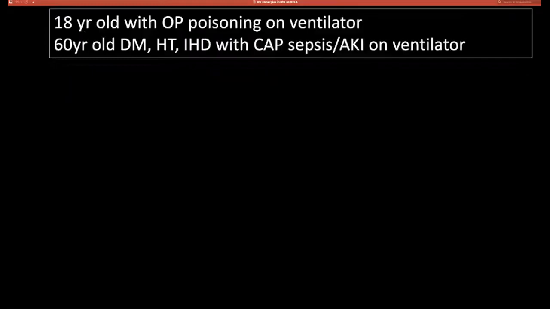See, another point to understand ventilating strategies is, look here, two patients we have. An 18-year-old, OP poisoning, on ventilator, and a 60-year-old, diabetic, hypertensive, IHD, with community-acquired pneumonia, sepsis, AKI, and on ventilator. Do you think you can expect both the patients to behave similarly?